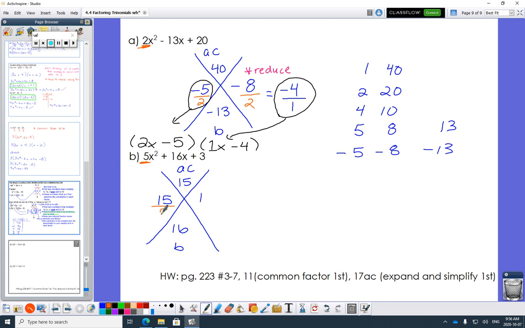Divide by A. Reduce if necessary. 15 divided by 5 is 3. I recommend that you write over 1. This one's fine. So now we have 1x plus 3, 5x plus 1.